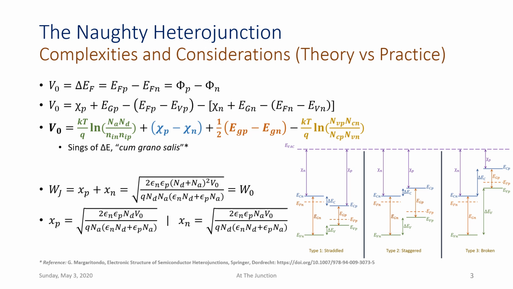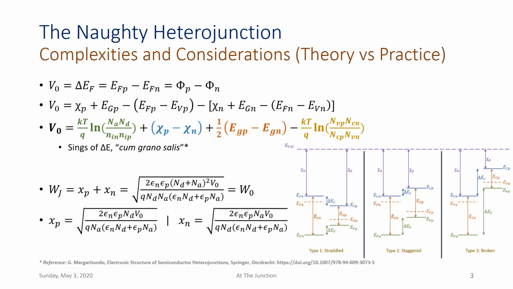So what would be the expression for the built-in potential and the width of the junction for a heterojunction? Well, we can start off at the basics where V naught is equal to the change in the Fermi level energies of each of the materials, and therefore is equal to the work function of the P side minus the work function of the N side.